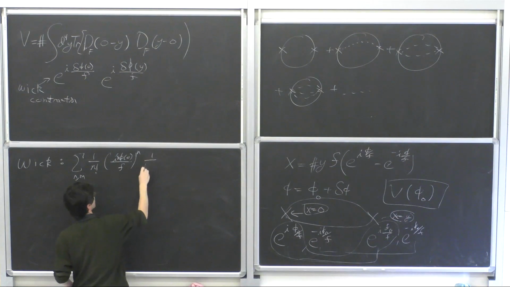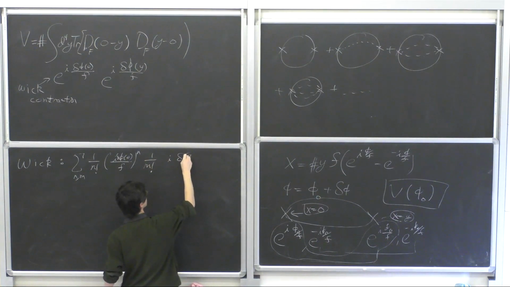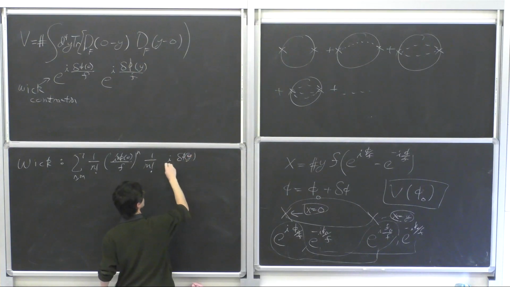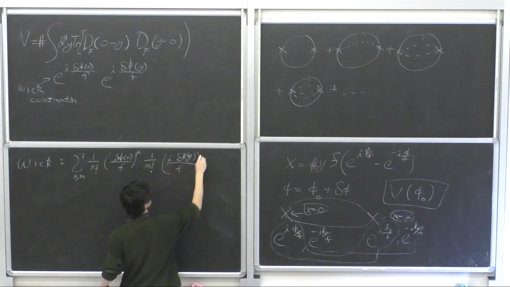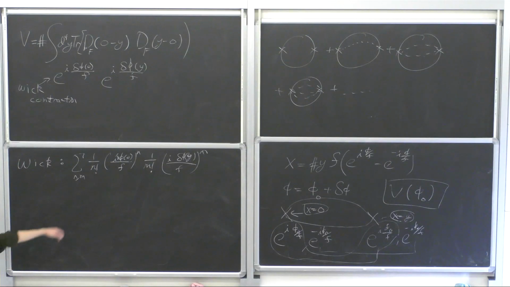The second guy is 1 over m factorial I delta phi of y over f to the nth power. Okay. Great. We're just going to now start doing contractions.